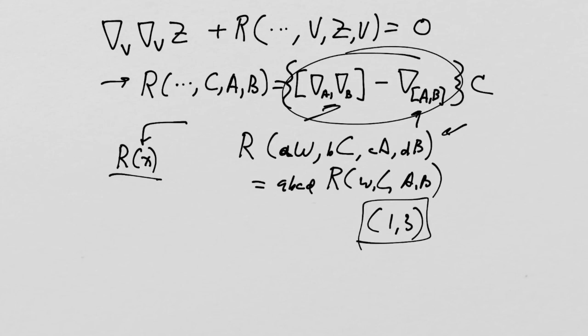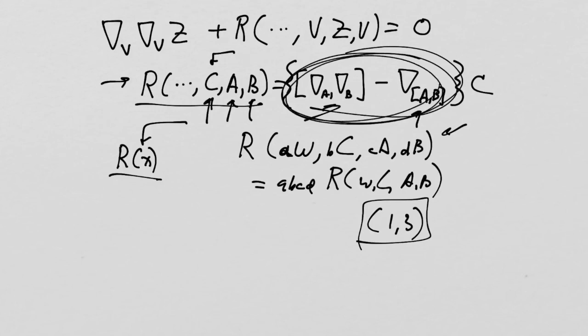It looks like it depends on derivatives, but in the end, it only depends on the values of C, A, and B at the point that you're actually evaluating R. Meaning if you change C away from the point you're evaluating this tensor, despite the fact that all these derivatives appear here, it still doesn't matter. It all cancels out. So that's why this is an important term. This is defined as the only way to make the curvature an actual tensor object.